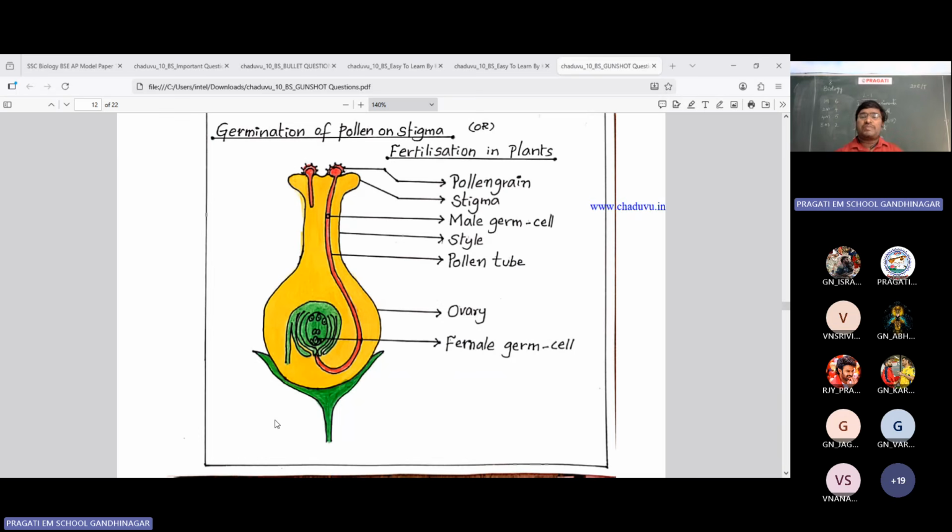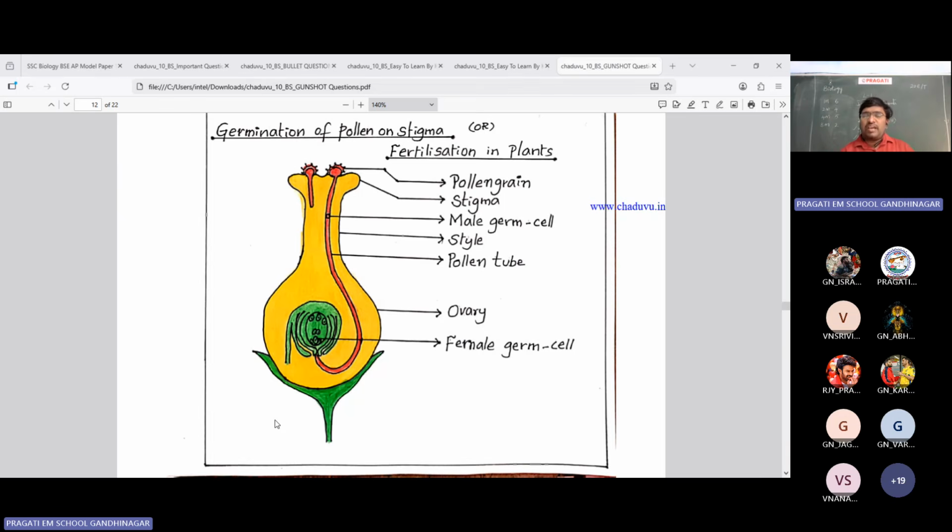This representation is very, very important. So try to mention clearly, children, pollen grain, pollen tube. It is a totally female part, so you should write stigma, style, ovary, ovule. Okay, children?